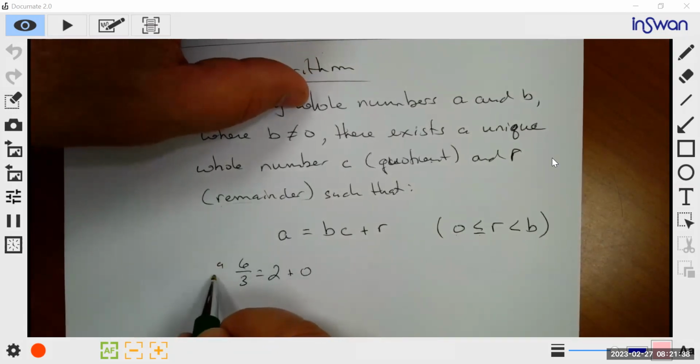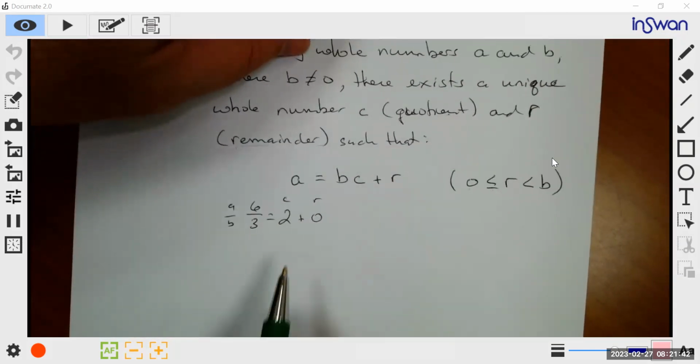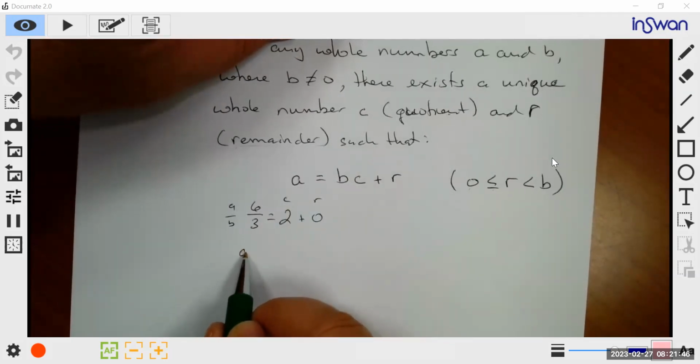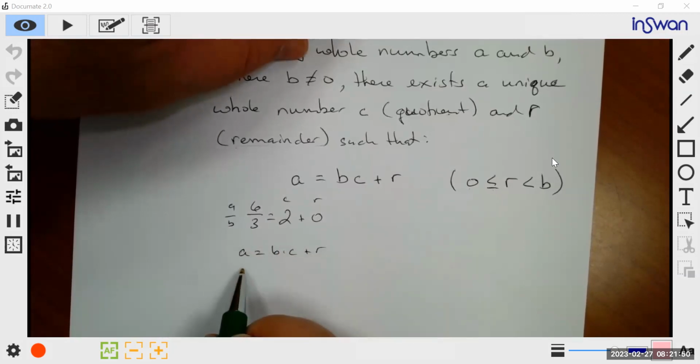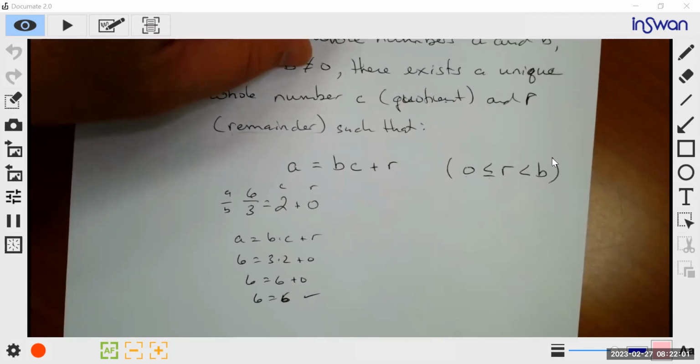This is A, B, C, and R. So according to this property, A equals B times C plus R. So 6 equals 3 times 2 plus 0. That's true.